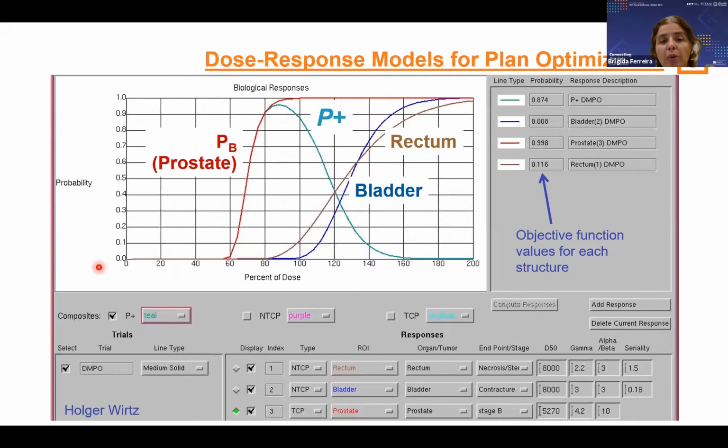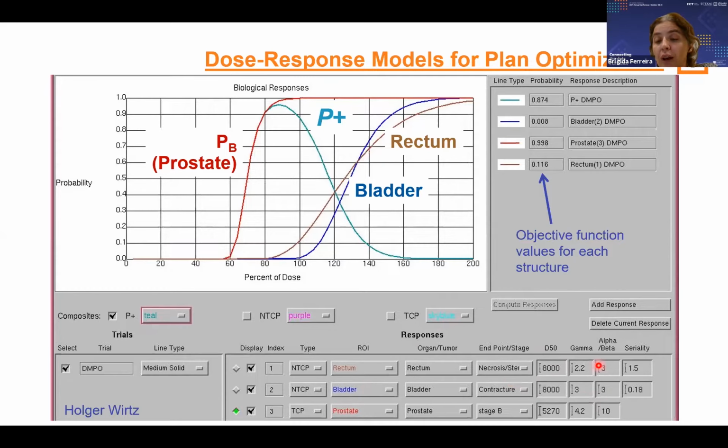An example of how this works in a commercial treatment planning system: you first have to define the dose response parameters, for example here D50 and gamma. I will explain later what these are. You define them for each structure. This is a prostate tumor, and then we have the organs at risk, the rectum and the bladder.